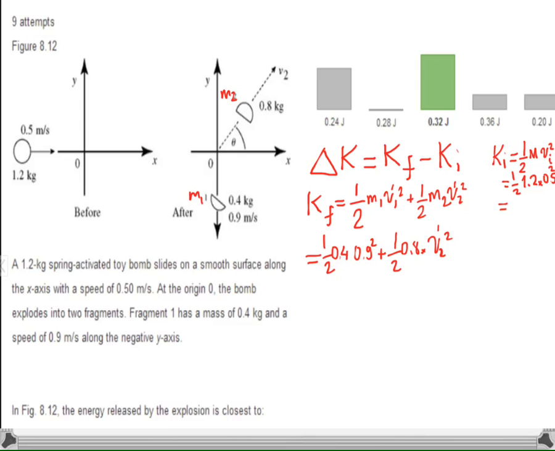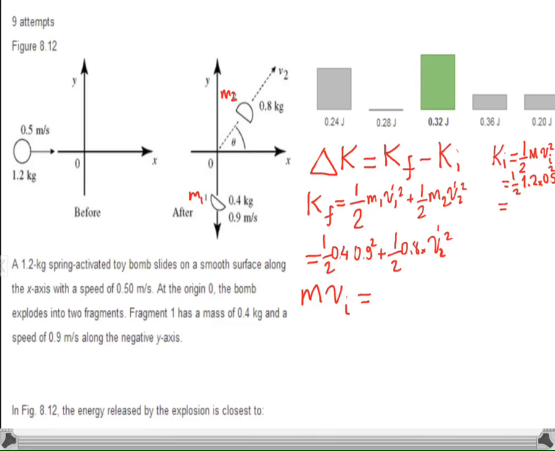Initial momentum is in the x direction only, right? So M total V initial is equal to, do we have any contribution of the first object, which is going down in the y-axis, in the x component of the momentum after the collision?